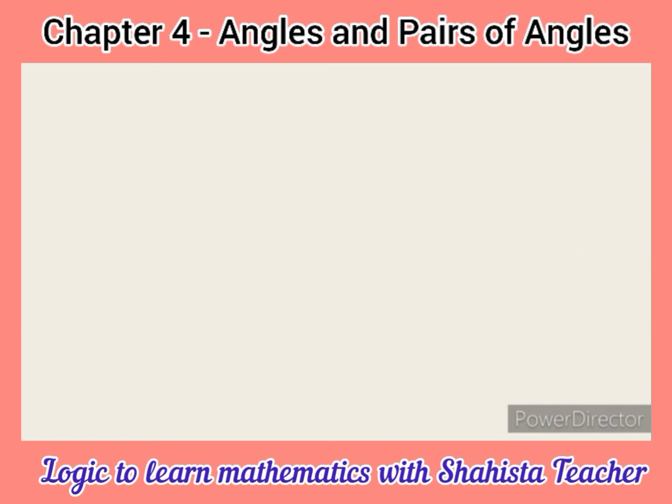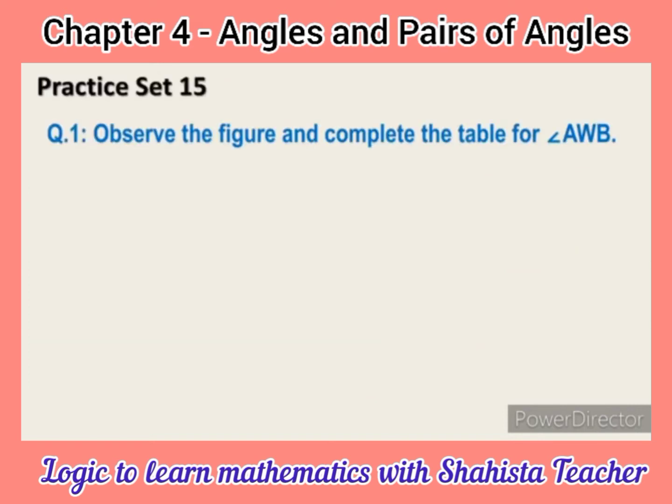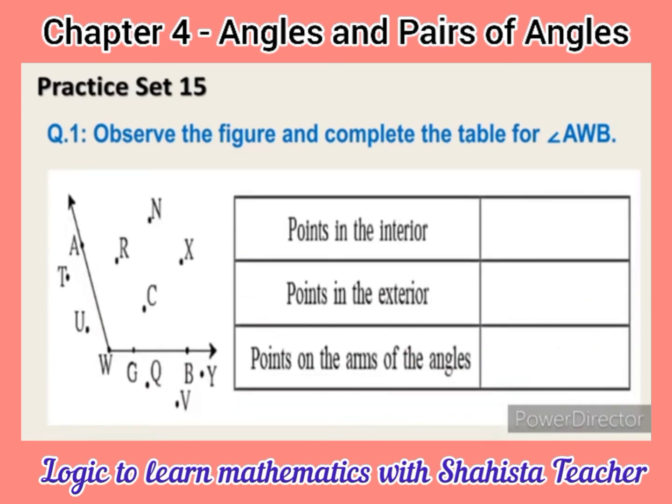Now on the base of this, let's solve practice set 15. Question number 1 says: observe the figure and complete the table for angle AWB. Here angle AWB is given.